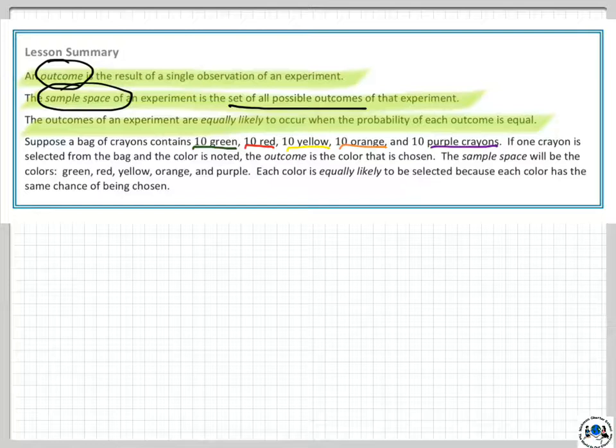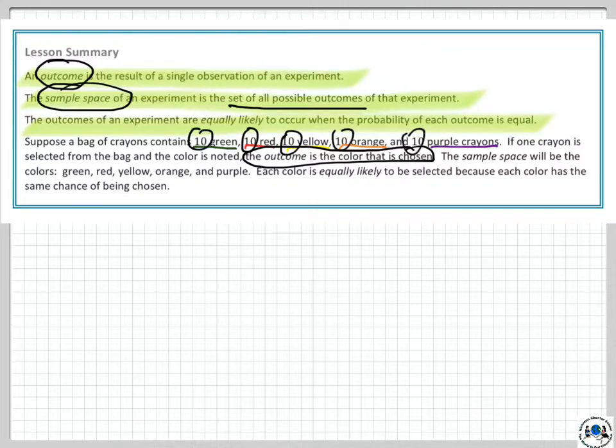If one crayon is selected from the bag and the color is noted, the outcome is the color that is chosen. The sample space will be the colors: green, red, yellow, orange, and purple. Each color is equally likely to be selected because each color has the same chance of being chosen, simply because there are 10 of each color crayon.